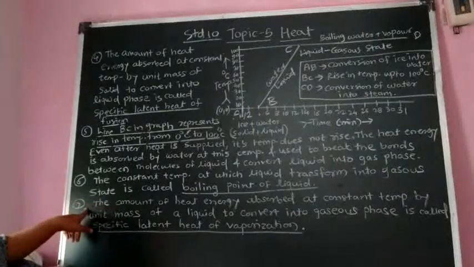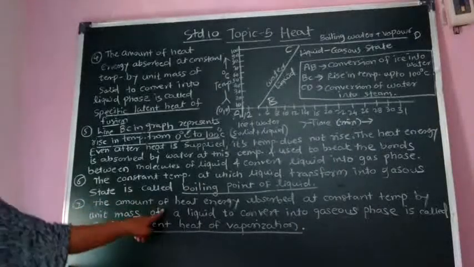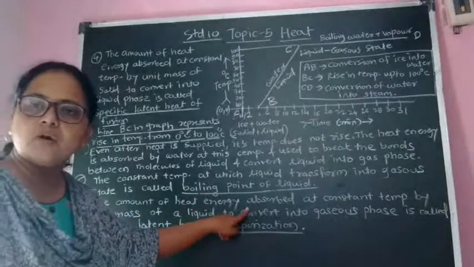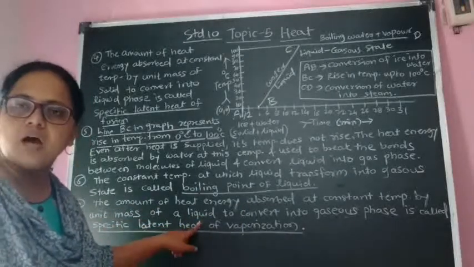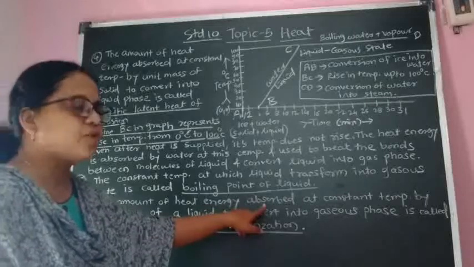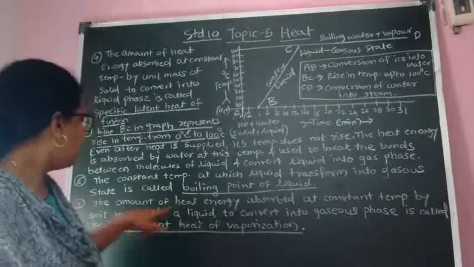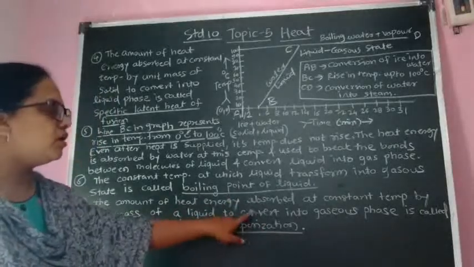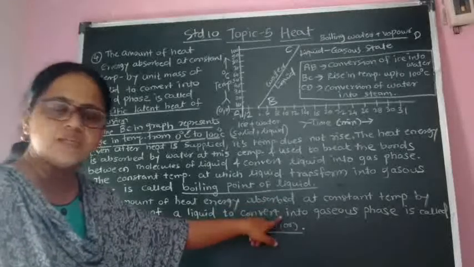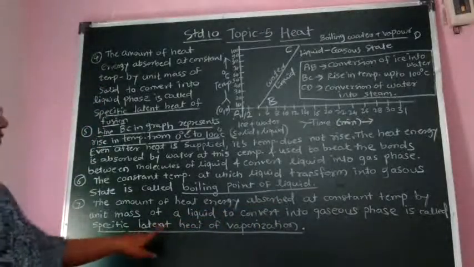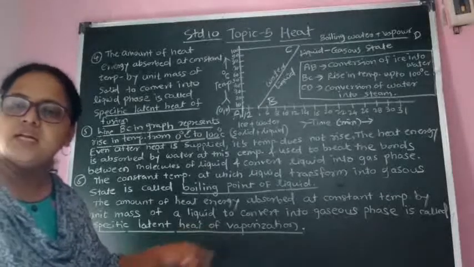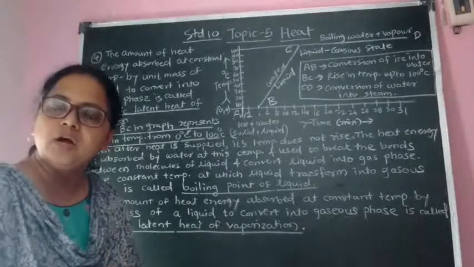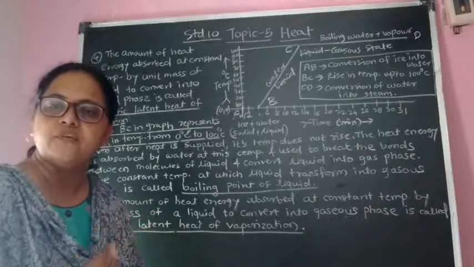Then you can see the next point: the amount of heat energy absorbed at a constant temperature by unit mass of a liquid to convert it into the gaseous phase is called specific latent heat of vaporization. That is the heat energy absorbed to convert liquid into the gaseous phase.